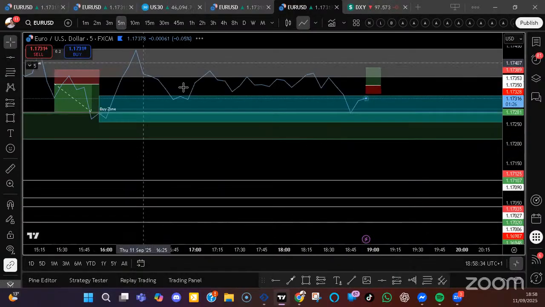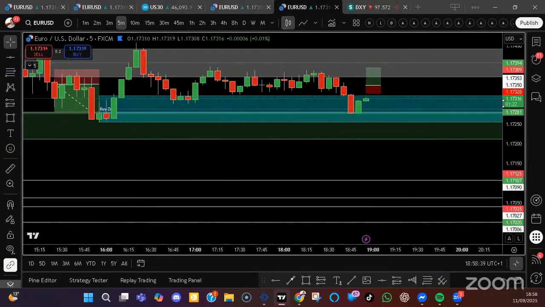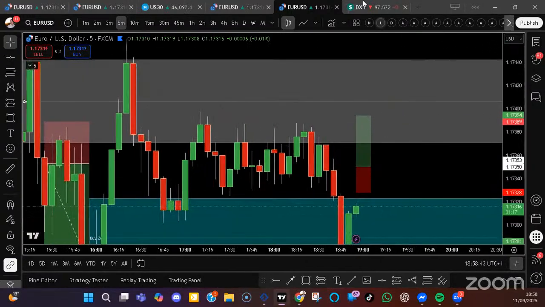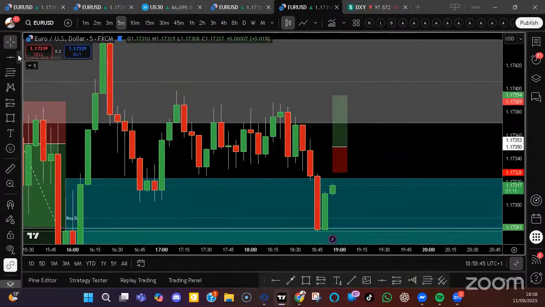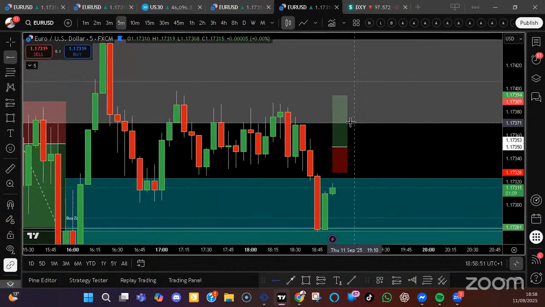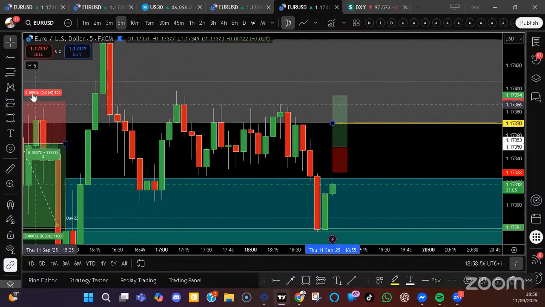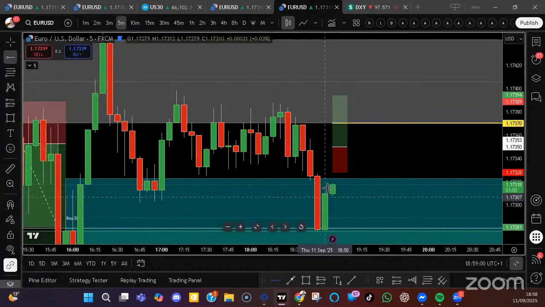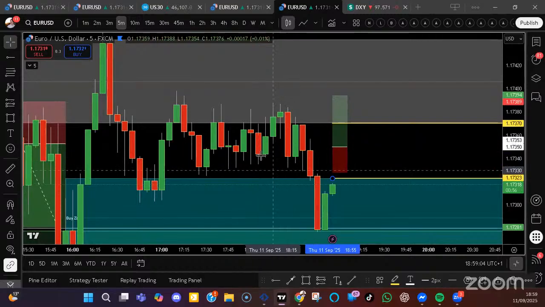Going down to the 5-minute, put the candles on, and we'll mark up the buy and sell zones. So here is the sell zone start of it, and here is the start of the buy zone, which we know price is already in.